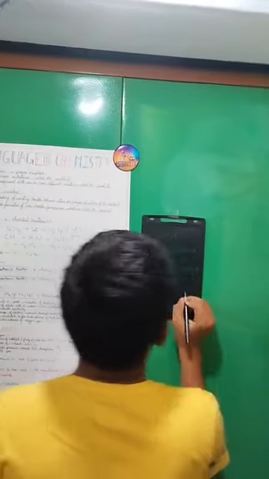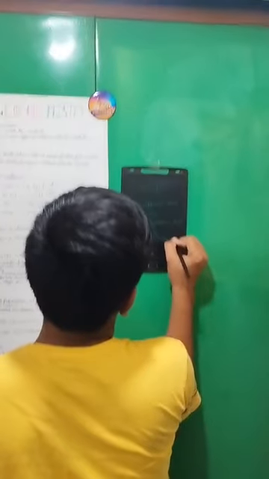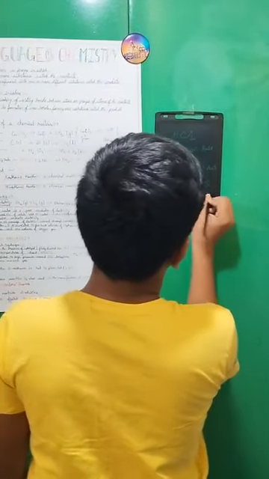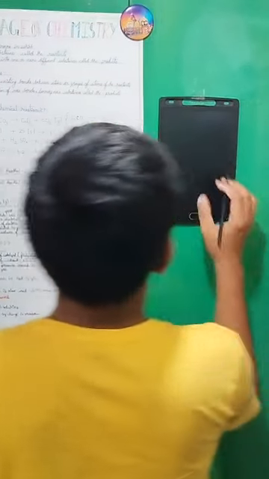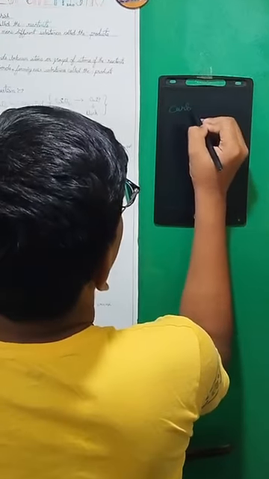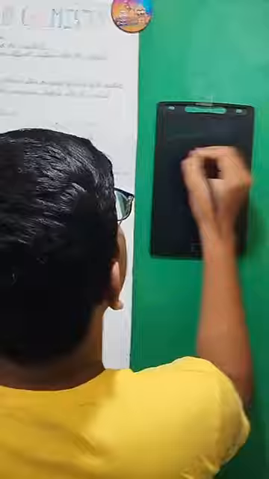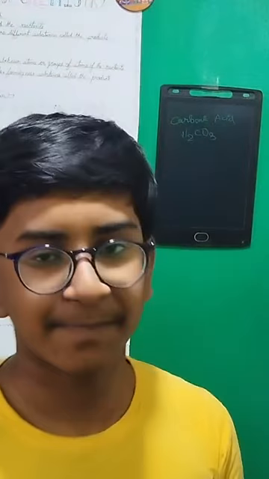Acetic acid, that is CH3COOH. Another example is carbonic acid. These are all acids. Now I'll tell some alkali metals.